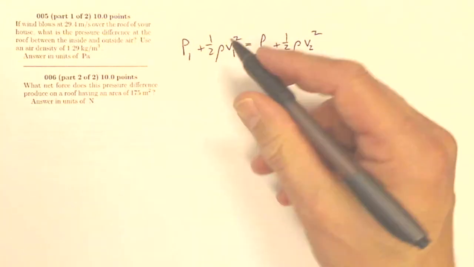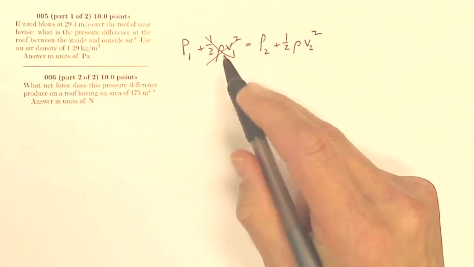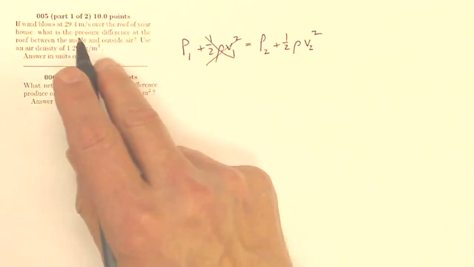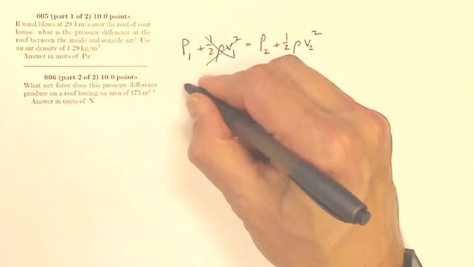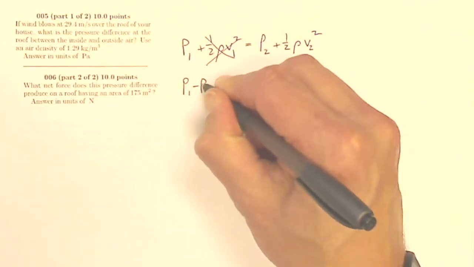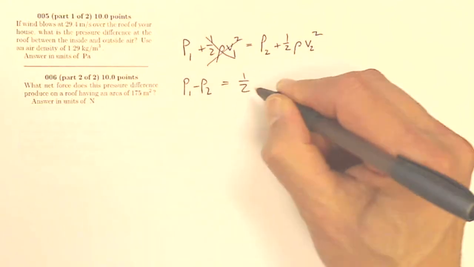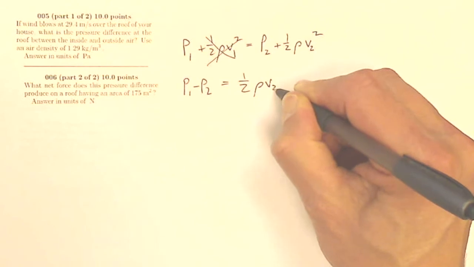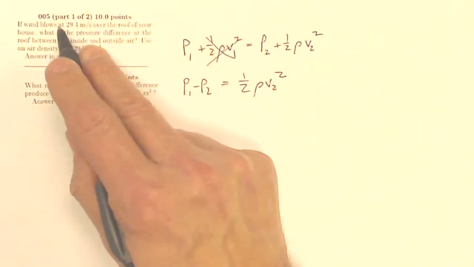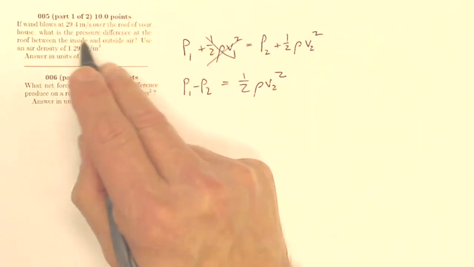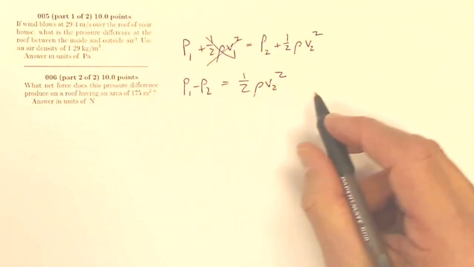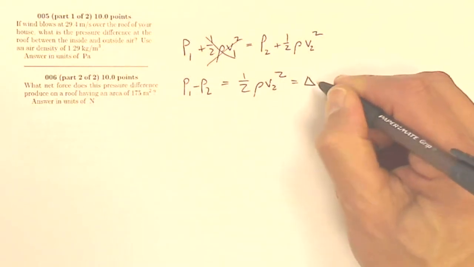But inside the house, air is standing still. And if I want the difference in pressure, well, that's going to give me my P1 minus my P2. My difference in pressure is going to equal just the 1/2 rho velocity squared. I've got my velocity, I've got a density, so 1/2 rho v squared will give me my difference in pressure.